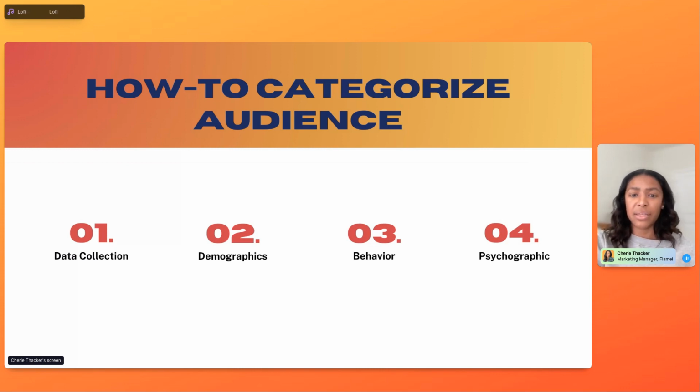And then even some of the content engagement. So how often are they engaging with my content? What content are they most likely to engage with? Is it video? Is it a carousel? Is it a static image? Is it text based? Once you start defining that, it will also help you build better content.